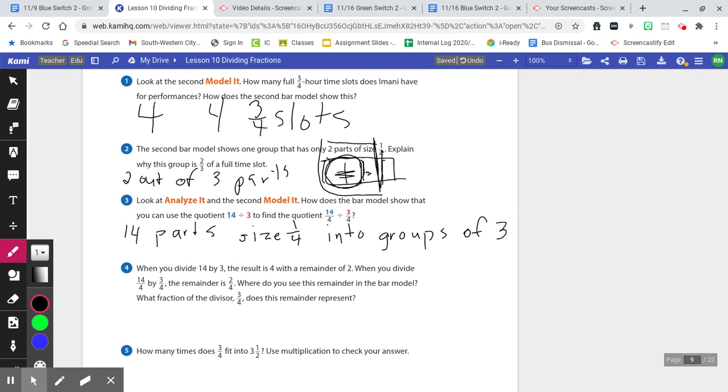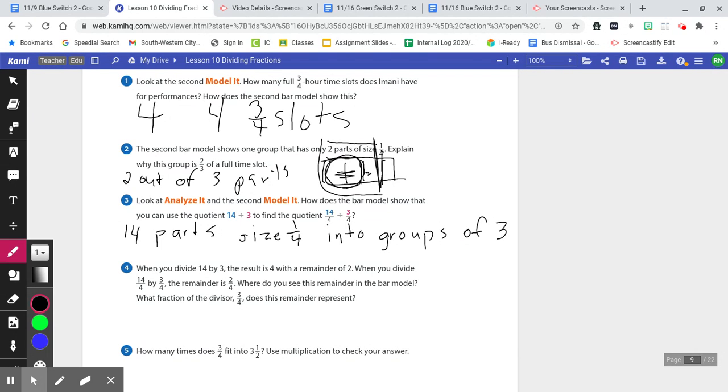Number 4, when you divide 14 by 3, the result is 4 with a remainder of 2. When you divide 14/4 by 3/4, the remainder is 2/4. Where do you see the remainder in the bar model? What fraction of the divisor, 3/4, does this remainder represent?